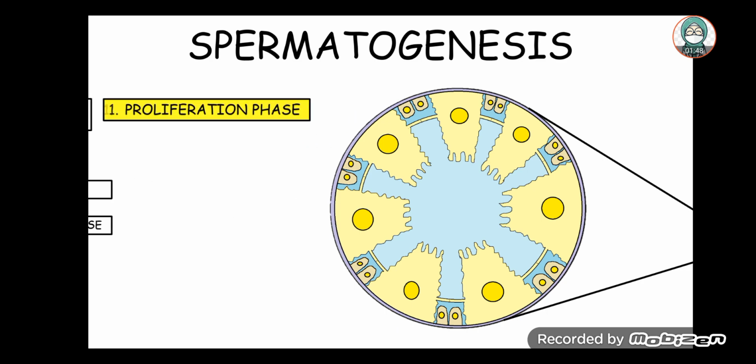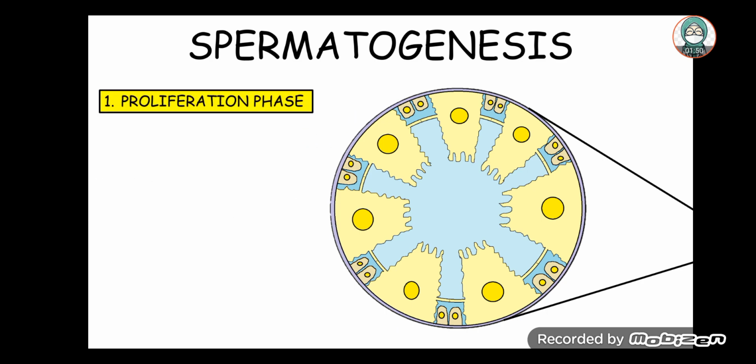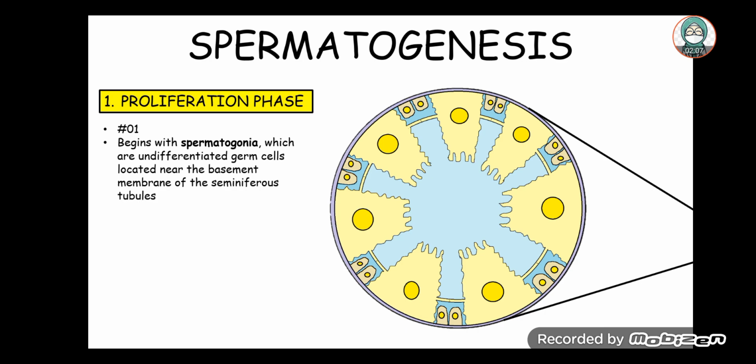The first phase in spermatogenesis is the proliferation phase. As we know, all of the process of spermatogenesis takes place in the seminiferous tubule, so we will take this diagram for understanding and see what happens during the process. The proliferation phase starts with the spermatogonia, the precursor germ cells that line the seminiferous tubule along with the Sertoli cells.